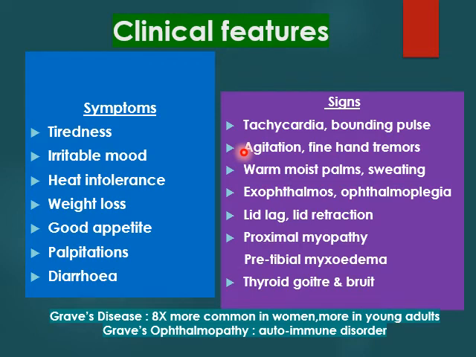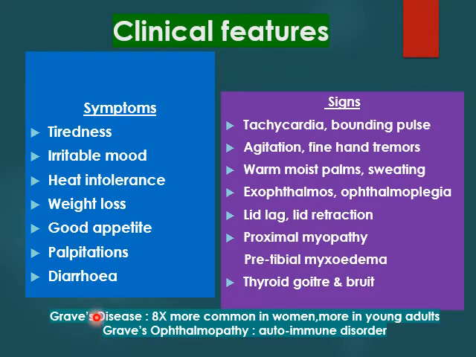The patient appears agitated with fine hand tremors. The palms are usually warm and moist with sweating. You may have exophthalmos or ophthalmoplegia, lid retraction, proximal myopathy, pretibial myxedema, and thyroid goiter with systolic bruit.